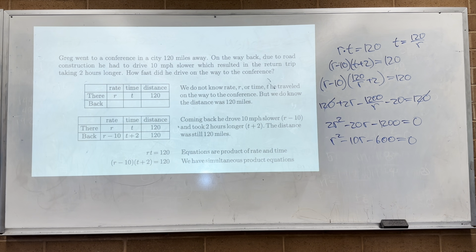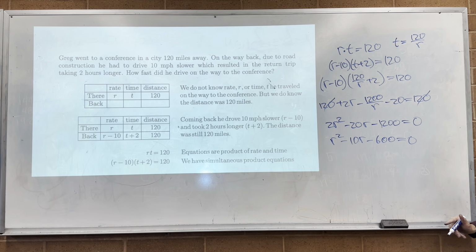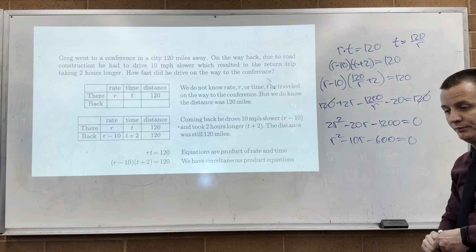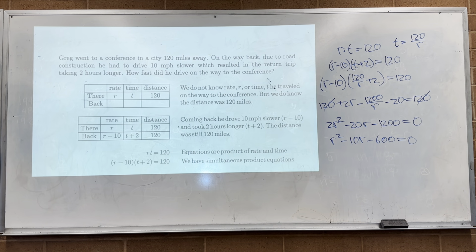Let's see if we can easily see this. Two numbers that multiply to minus 600 but add to negative 10. Oh, 30 and 20.